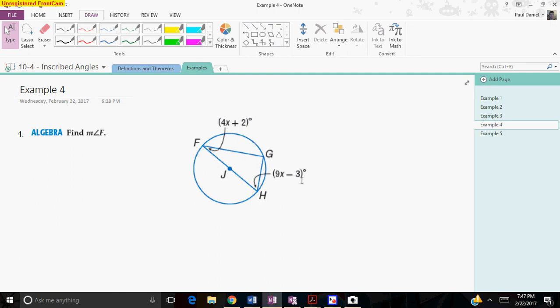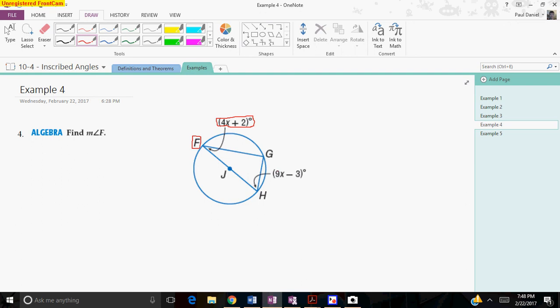Example number 4. In example number 4, we've got a triangle inscribed inside of our circle. And in this triangle, we were trying to find the measurement of angle F. This is the angle I'd like to find here, and that's designated by this 4x plus 2.